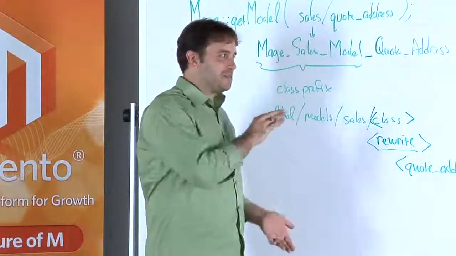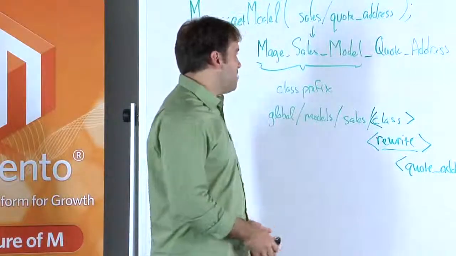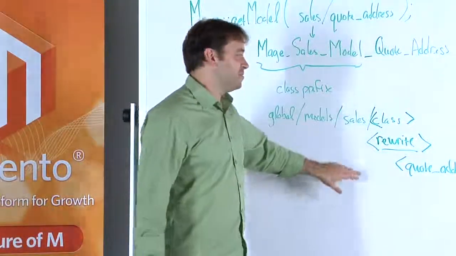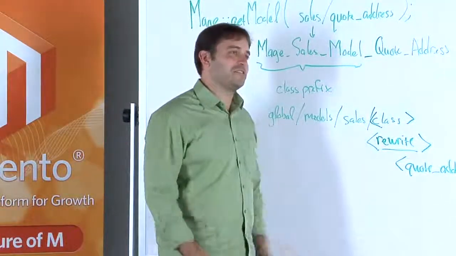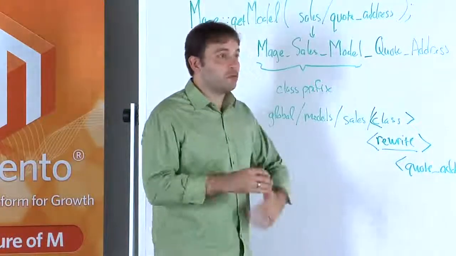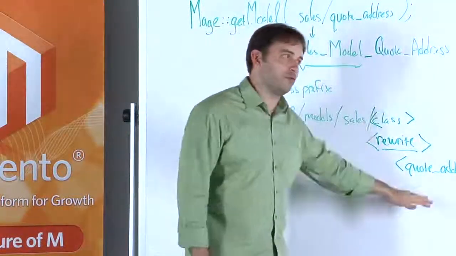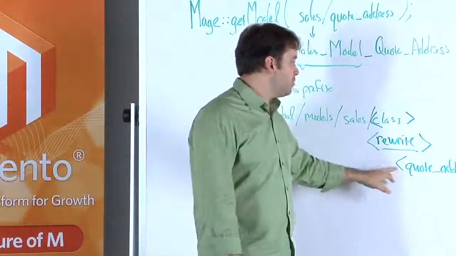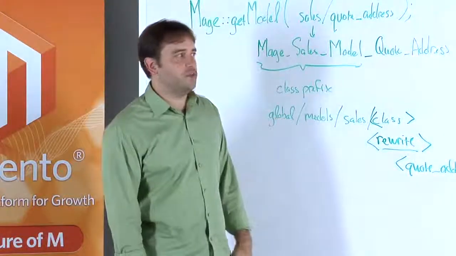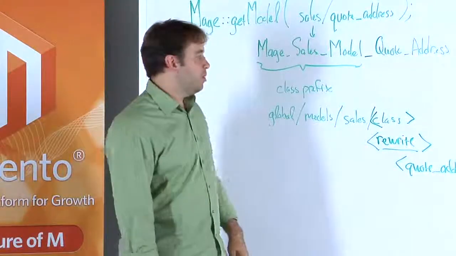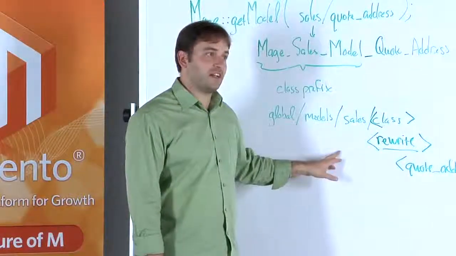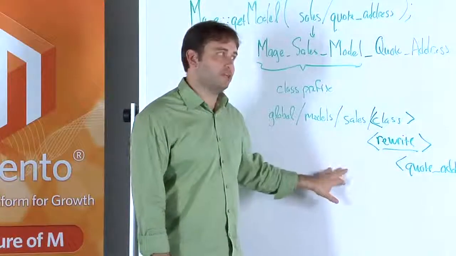This whole process, it took me... well, parts of it, I don't think I ever looked under the hood until I started teaching this class. I mean, not really following it all the way through. You knew about the rewrite node, you know about these things, and you become more familiar with the system. But it doesn't hurt. Remember, I've referenced that class several times, Mage Core Model Config.